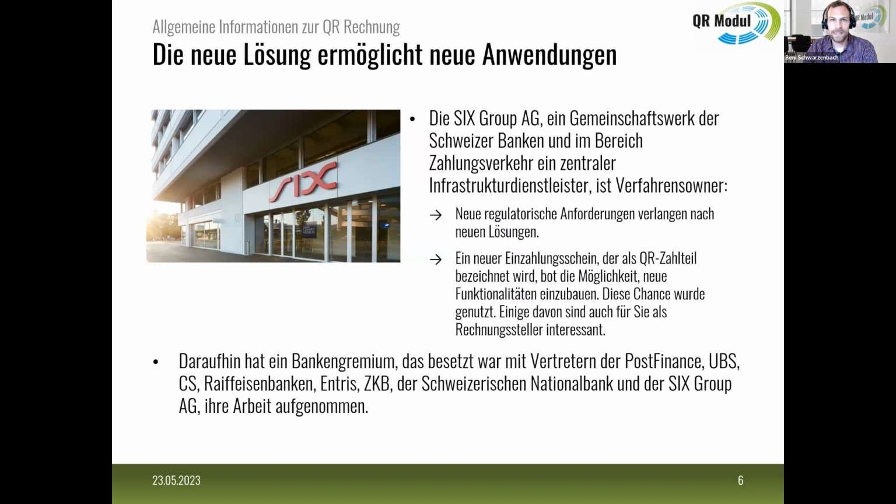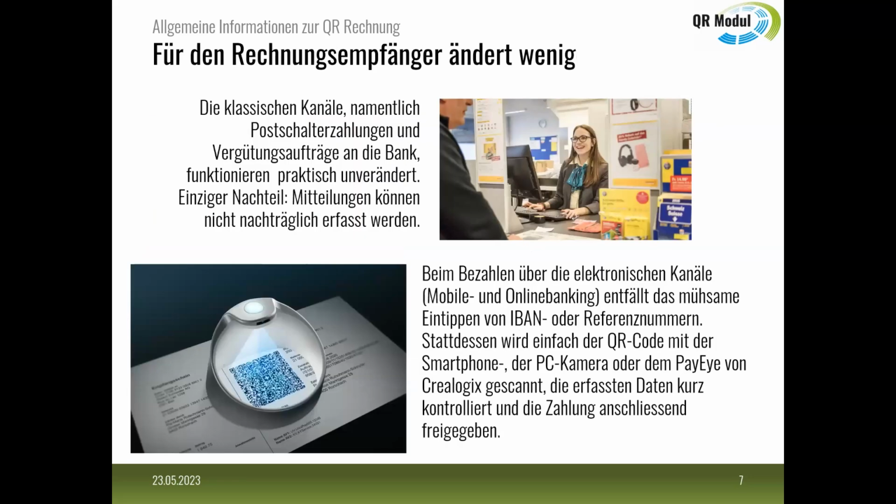The QR bill has been implemented by the SIX Group, who is the general infrastructure manager for the financial place in Switzerland, and a lot of banks worked together for that process. The QR bill can be processed at the counter as people used to in ancient times, and there are a lot of people who still use the postal branch. But the new QR bill can also handle the digital process properly.